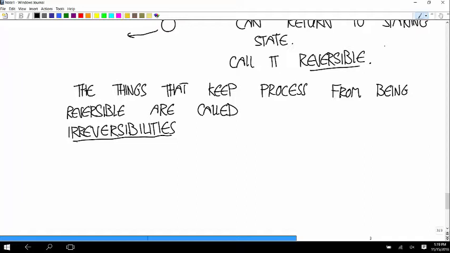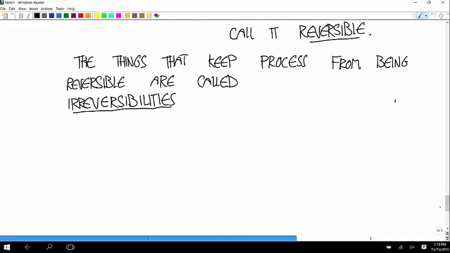You're just not used to calling it that, but it's just a new name for a bigger category that includes these things that you've dealt with before. And here's the list of the things that we're going to consider irreversibilities. There are 7 of these things.